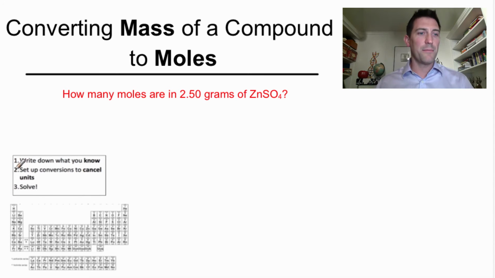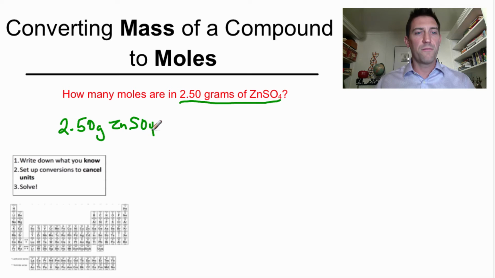Next example. I said this was going to be quick. We just stick with the game plan right down here that we've been using in every sequence of the mole videos. I write down what I know, which is what is given to me. That's 2.50 grams of zinc sulfate, ZnSO4. Now, I'm trying to get my answer in moles of zinc sulfate when I get done. And right now I'm in grams.